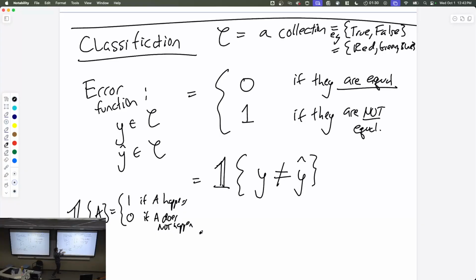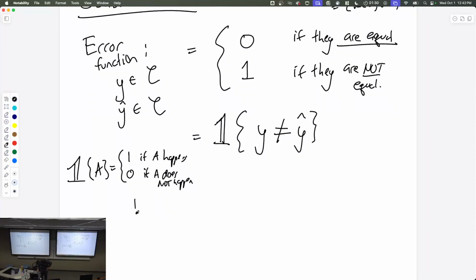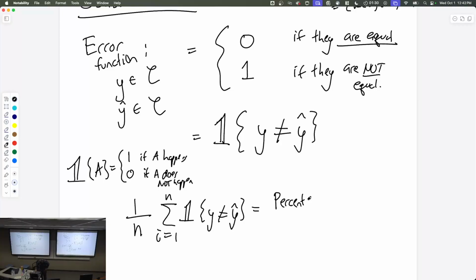And if you average this over all the points, so if you have 1 over the number of points and you do the sum from i equals 1 to n of this indicator function of y is not equal to y hat, this is the percentage of mislabeled points.